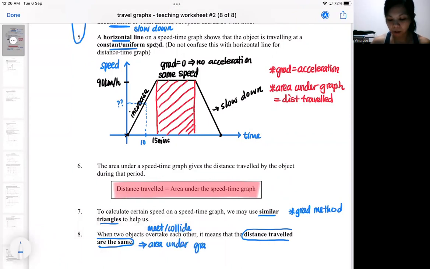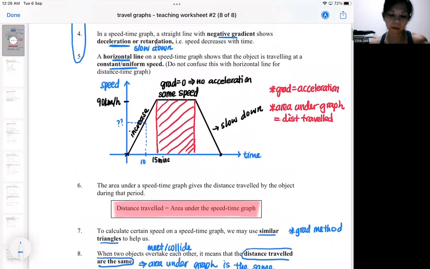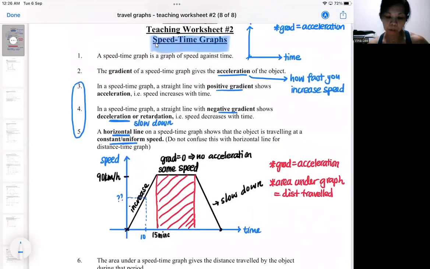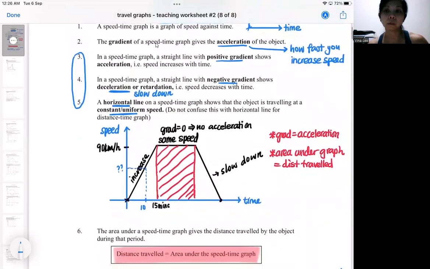This part, I think it's easier if there's an example to show. So at the moment, you shouldn't be too concerned about this first. At the moment, you should be concerned about the features: the gradient feature and the area under graph feature. So I'm going to use an example to show the two features.